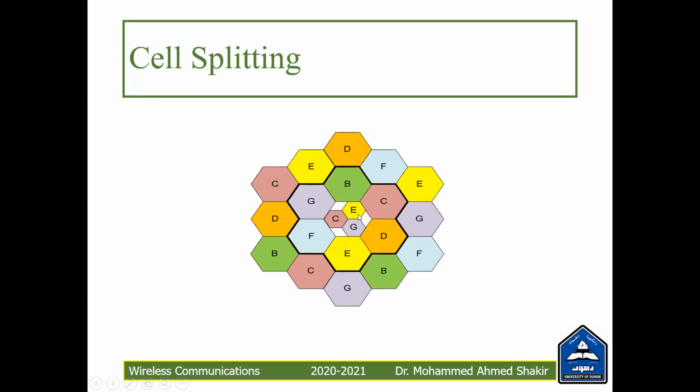C is far away from this C, and G is far away from this large G. The same story for E. Again, don't forget that the tower height will be reduced and the power transmitted from the smaller cells will be less than the power transmitted from the larger cells. So we will avoid the interference, I mean the co-channel interference.